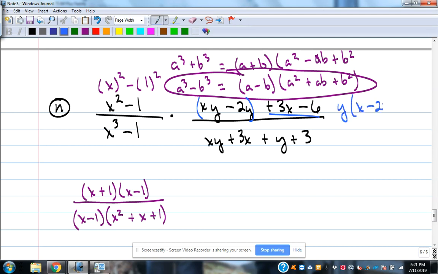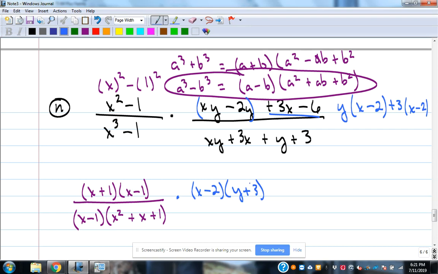And that's going to be x minus 2 left over. And then 3 and 6 have 3 in common. And that leaves us x minus 2. And notice the parentheses match. So that means that factors as x minus 2 and y plus 3. That's handy.